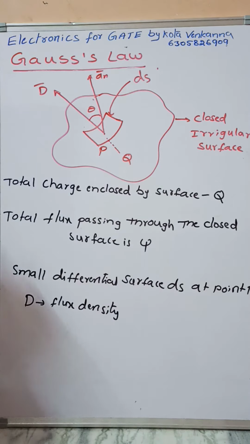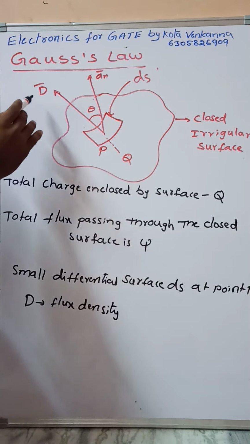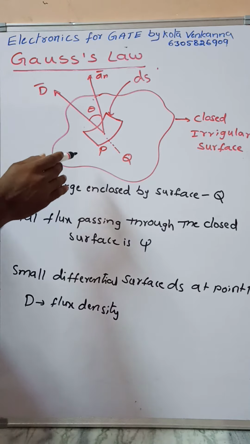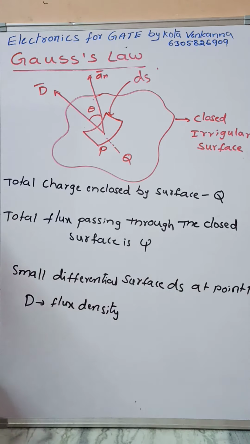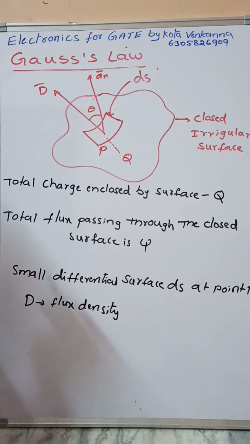Due to the irregular surface, the direction and magnitude of D are going to change from point to point on the surface. The differential surface ds is in vector form, in terms of its area and direction normal to the surface at that point.